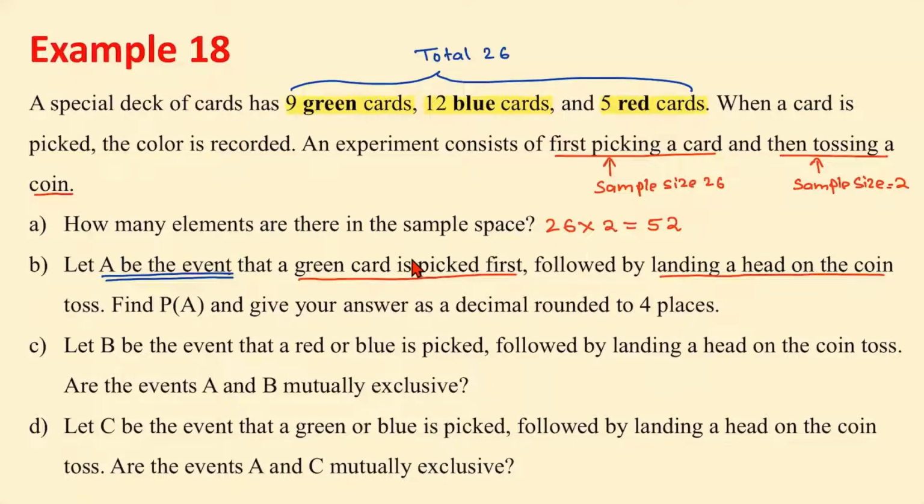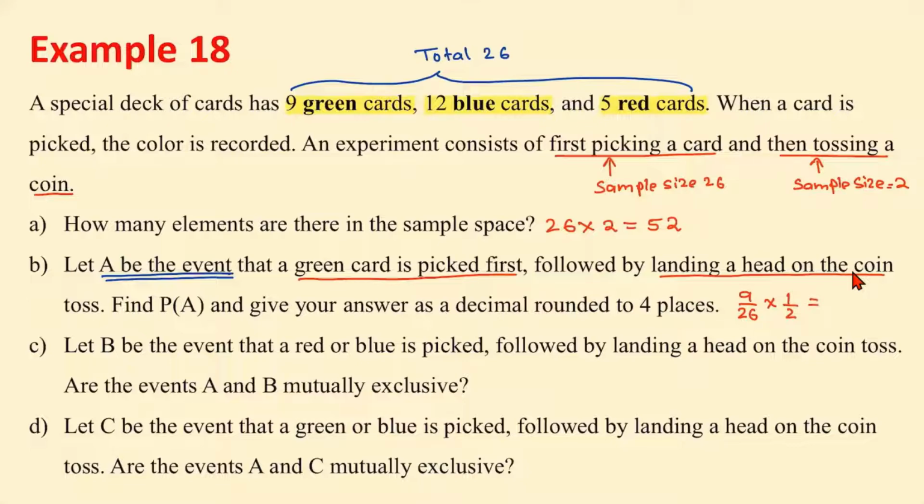So this event, getting green and landing head, these are independent, so we multiply. So the probability of getting green here, you can see green is 9 out of 26. So that is 9 out of 26 multiplied by the probability of landing on head, which is half, because you have one head out of 2.